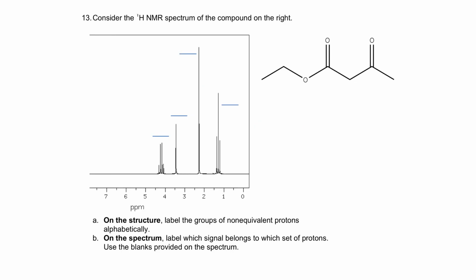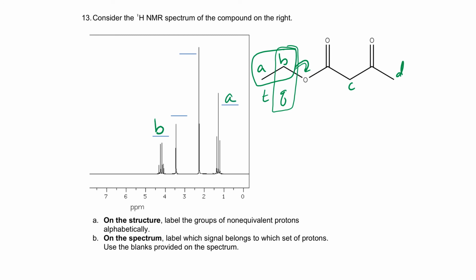And here's another type of question, just to give letters to the protons. So A, B, C, D, and then say which one is which on the spectrum. This is an ethyl group. It's going to have a quartet triplet splitting pattern. I'm going to expect that the quartet coming from B, being closer to the oxygen, is going to be the most deshielded. So I'm going to say that that quartet here is B. The triplet is over here.